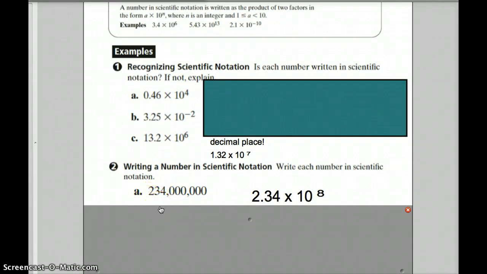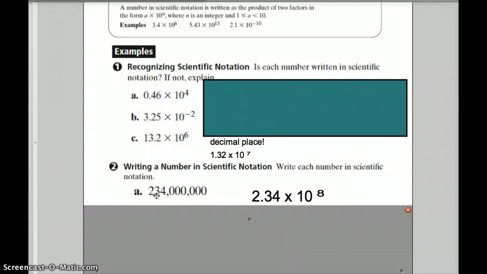We have 234 million. To write this in scientific notation, you are going to move your cursor from here all the way over to between the 2 and the 3. That will give us one non-zero number in front of the decimal, so it'd be 2.34.